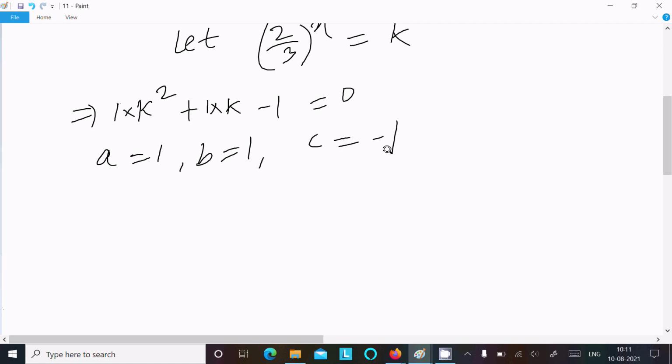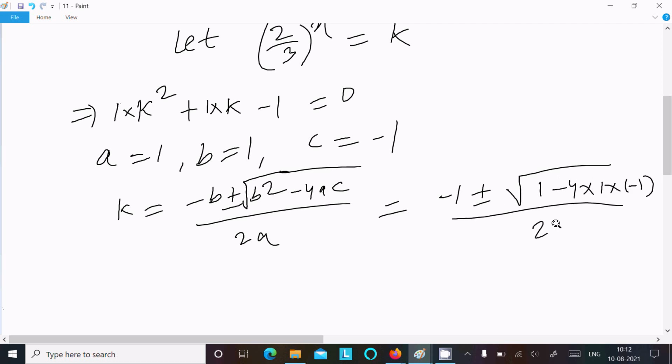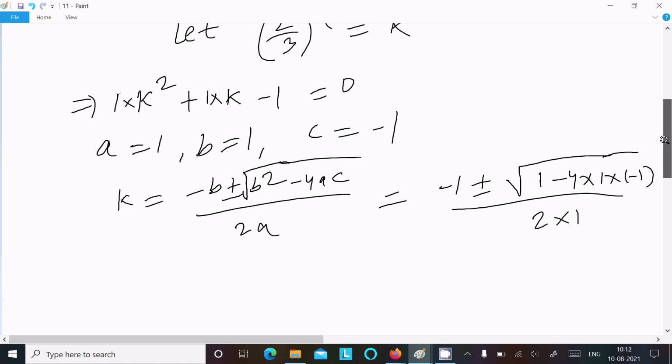Use the formula: k equal to minus b plus or minus square root of b square minus 4ac, divided by 2a. So minus b, that means minus 1, plus or minus root of b square, 1, minus 4 into a into c, where c is minus 1, divided by 2 into a, which is 1.